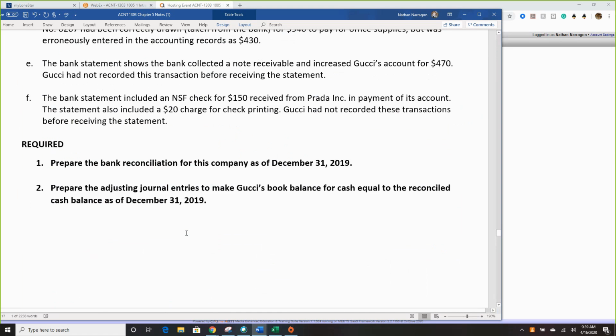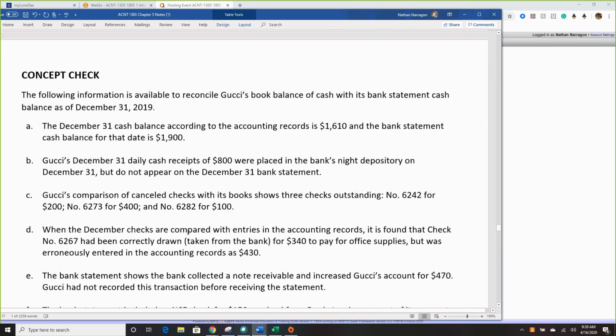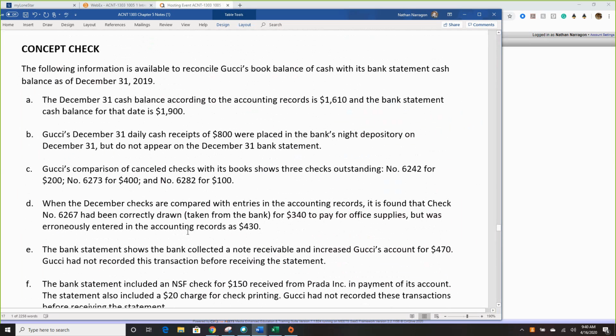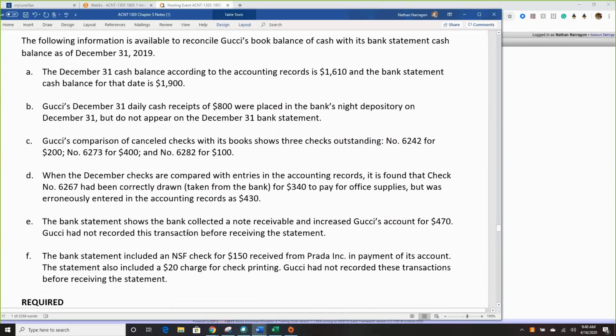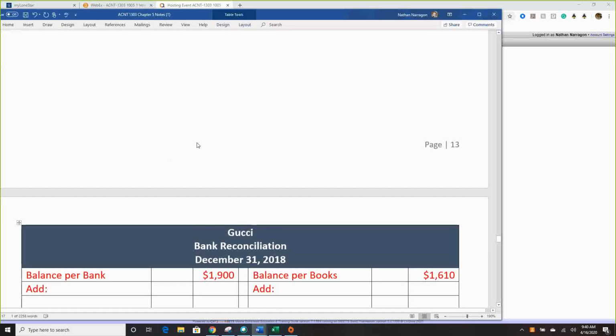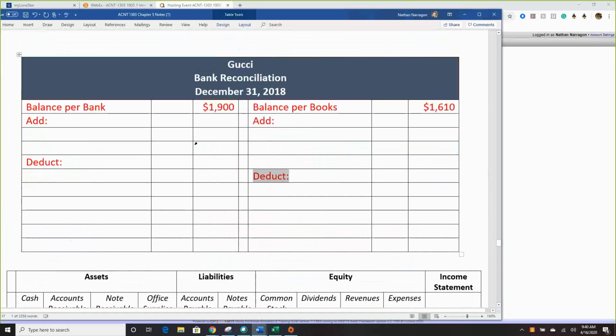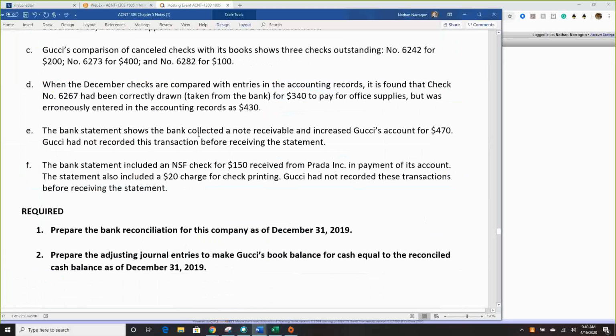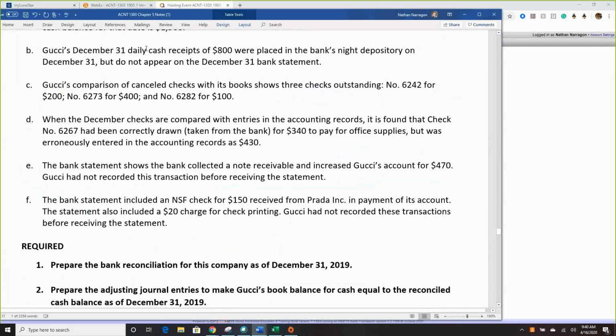Good, the bank did not record the $800. Cash receipts is cash coming in for the book, meaning our cash should go up.